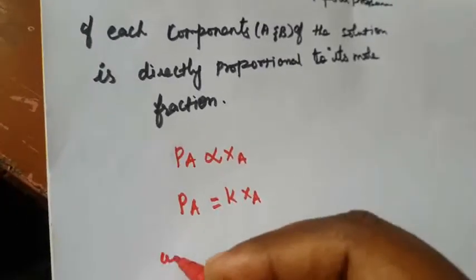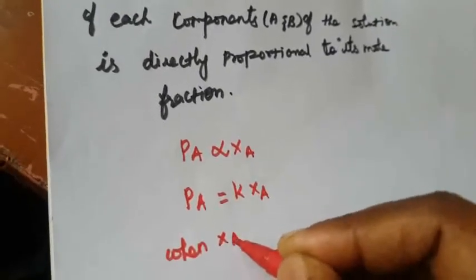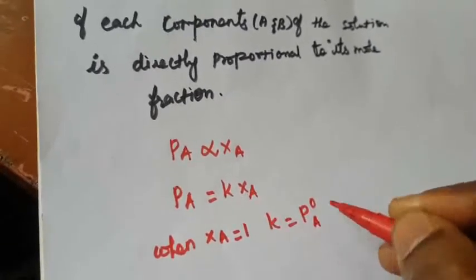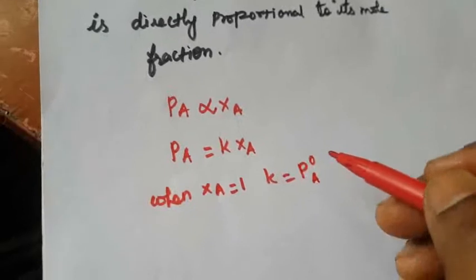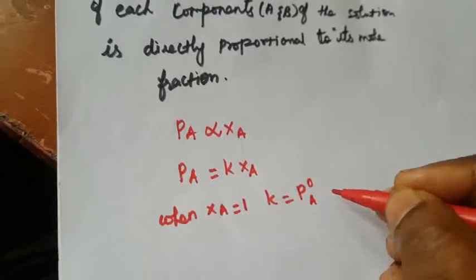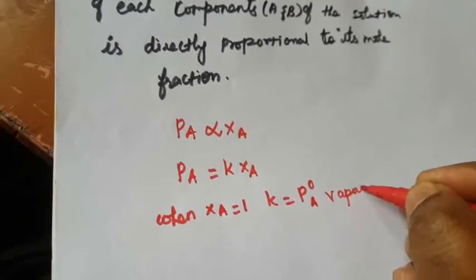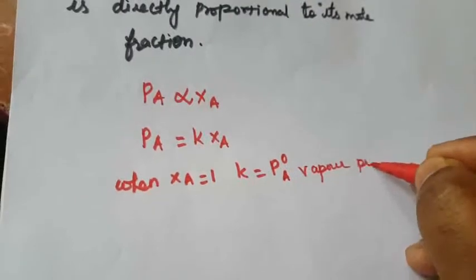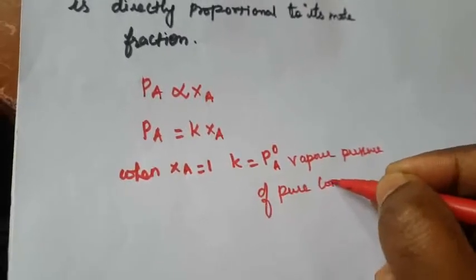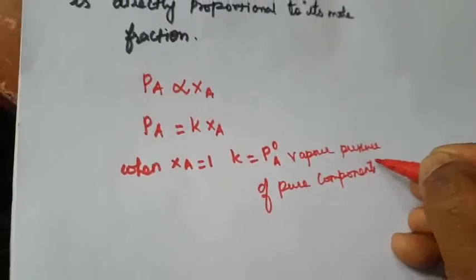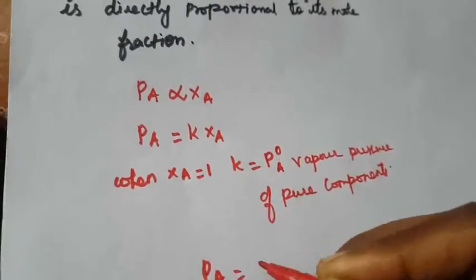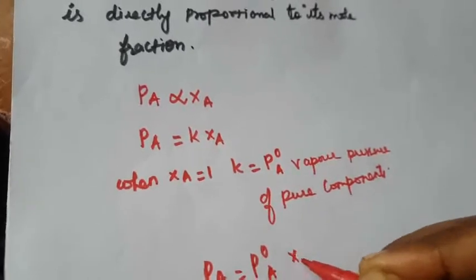When XA is equal to 1, K is equal to the partial pressure of A, the standard partial pressure, the vapor pressure of the pure component, that is P0, where P0 is the vapor pressure of the pure component at the same temperature. Therefore PA equals P0A into XA.